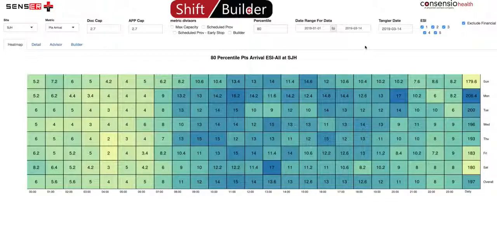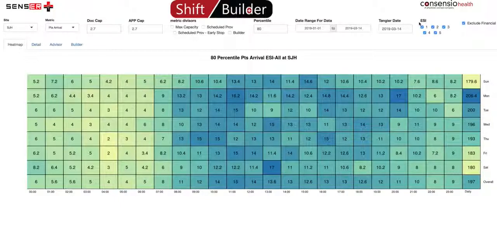We get data from the electronic health record with regards to patient arrivals, their timestamps with regard to the time they were assigned a bed, the time a physician saw them, the time that physician reached a disposition decision, and the time the patient was actually dispositioned. And really the only other data point we need is the patient acuity as measured by the nurse at triage, their emergency severity index that's documented in the chart is used for that.